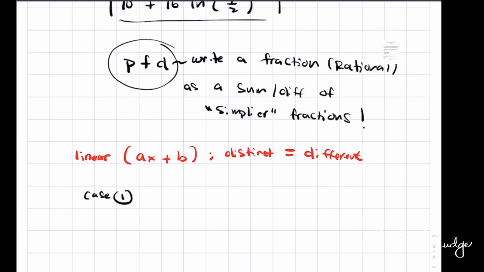So anyway, here is what we're talking about: your distinct linear factors, different. So case 1. I'm going to look through my notes. We're going to find a good example.